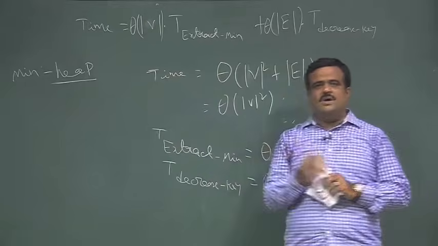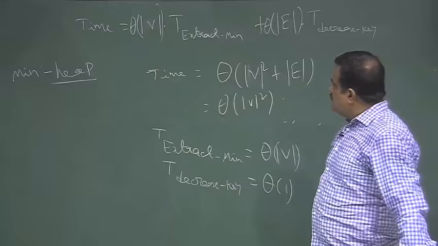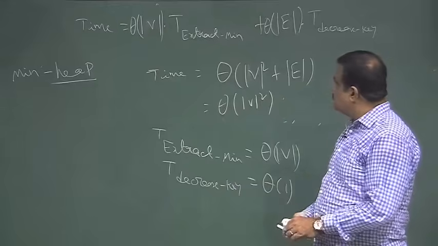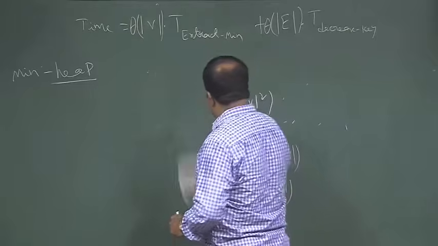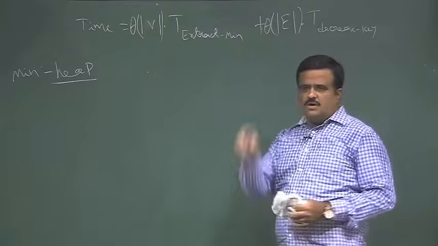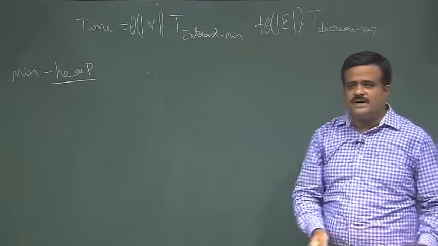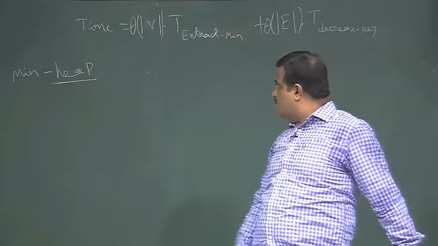So, that way we view the heap. If we use a min heap for this priority queue, the minimum is in the root. The min heap property is that every node is less than its children.